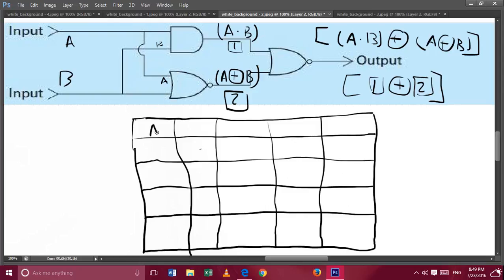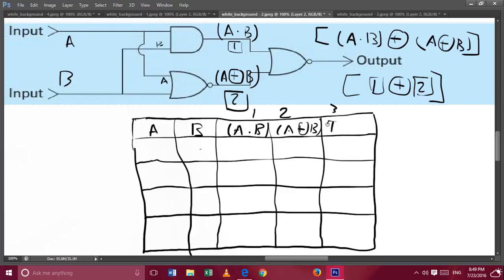Let's put the labels. If this is A and this is B, so here's just A and B, and this is column number 1, this is column number 2, this is column number 3, because we're only numbering the output. So 2 will be A XOR B, and number 3 here will be this whole thing, which is 1 XOR 2, this XOR this.